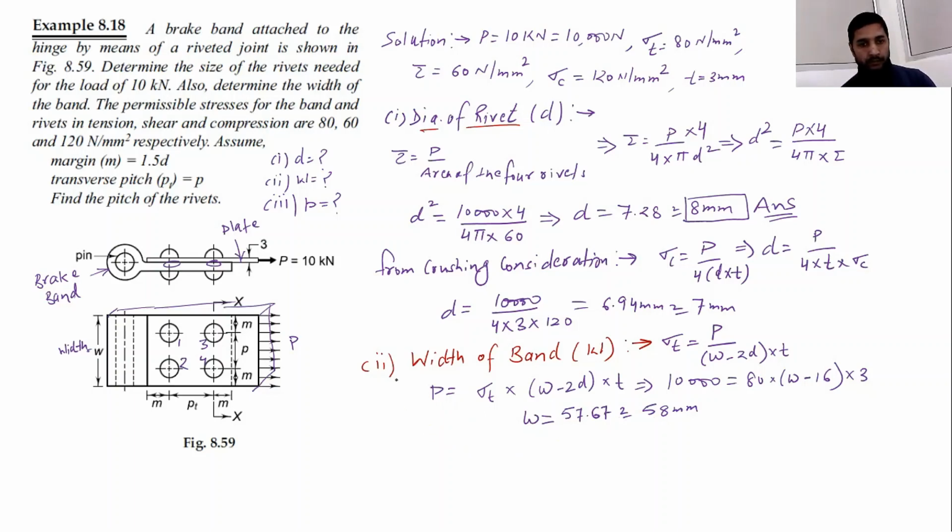So after getting the width, now we have to find out pitch. उससे पहले margin निकाल लीजिए आप, ठीक है ना. Margin from here, that is 1.5 times of D, and when you will solve this 1.5 into 8, it will be your 12 mm.